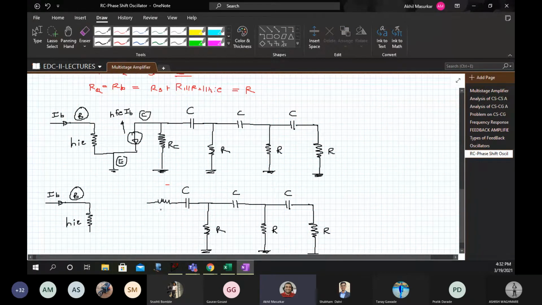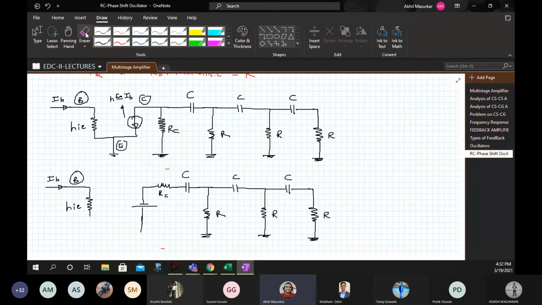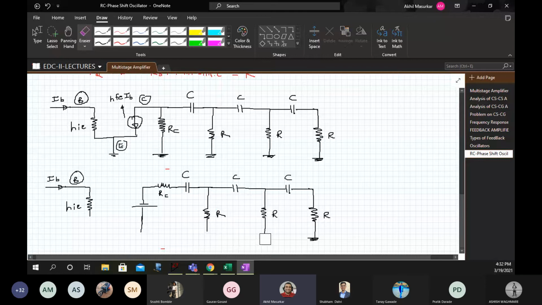So this is RC, and then we have a voltage source, and now if you apply some basic source transformation on this side, we can draw the circuit in this way.